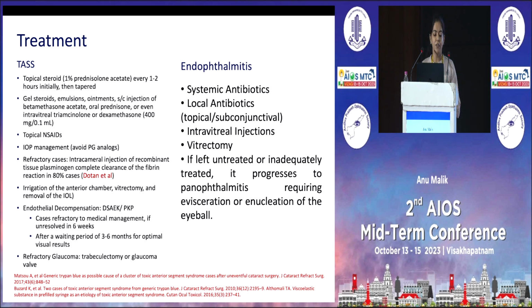We can also go for irrigation of the anterior chamber, vitrectomy, and removal of the IOL. In cases of endothelial decompensation or permanent corneal edema, we have to go for surgical treatment. In endophthalmitis, systemic antibiotics, local antibiotics, topical, subconjunctival, intravitreal injections, and vitrectomy are the options available.